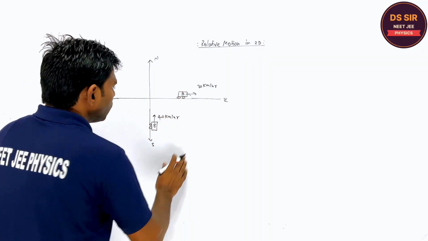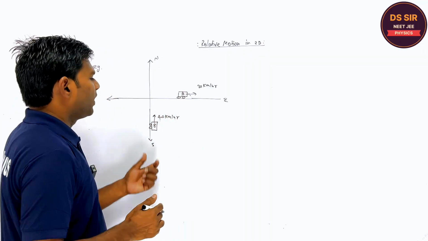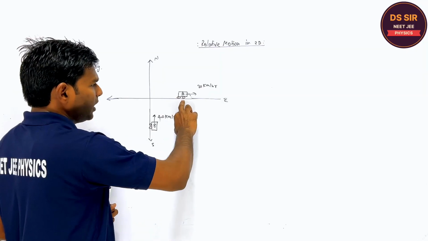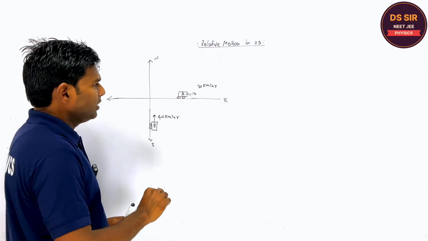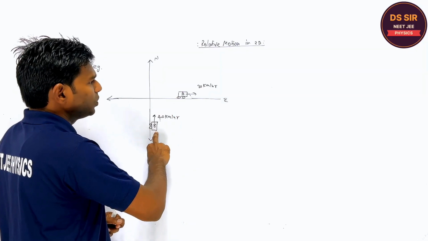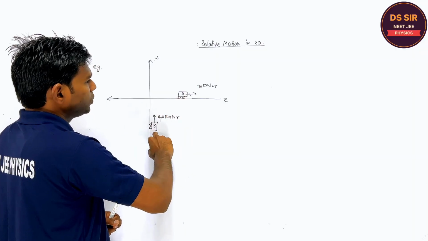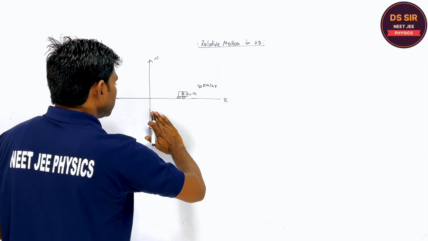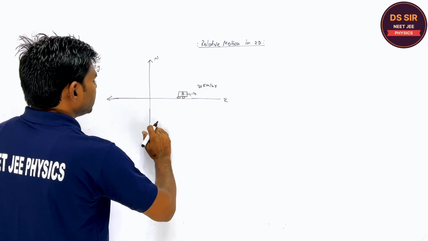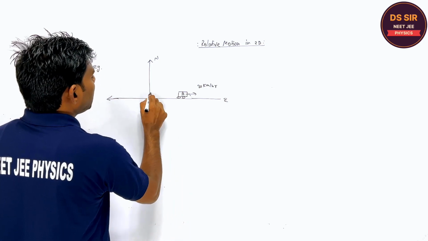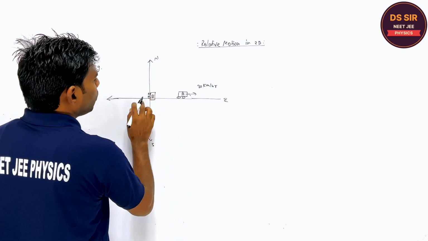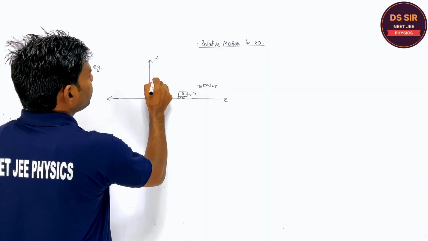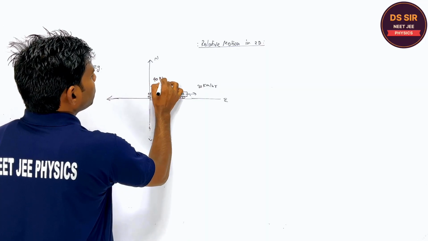Right. So now they will ask to find the relative velocity of car A with respect to B, and they may ask the velocity of B with respect to A. Is it clear or not? For example, suppose initially this is the car B and it is at origin, and it is moving with 40 km per hour.